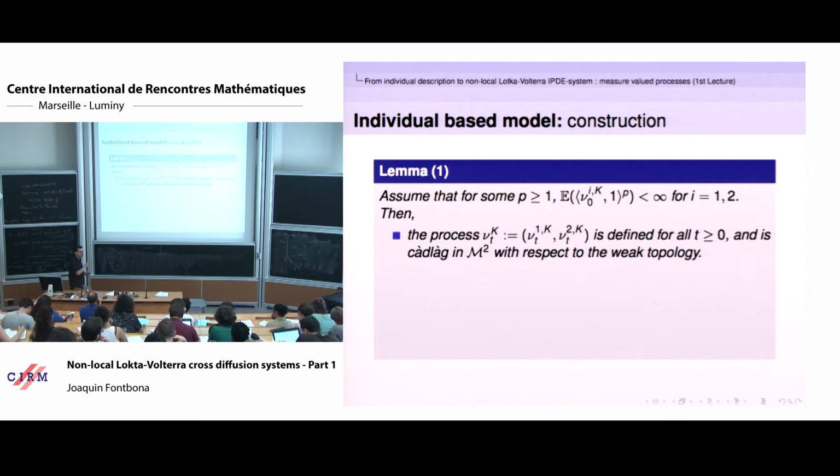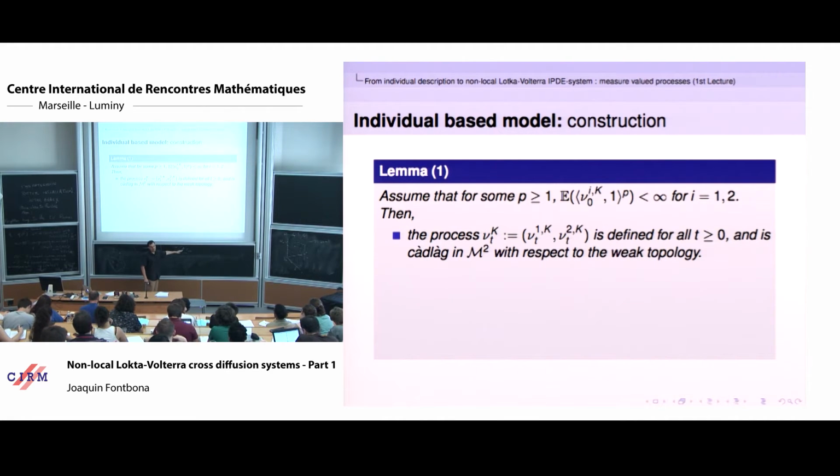But what could happen is that I have some accumulation of the jumps. These random times are increasing, and they will diverge to some time t infinity.